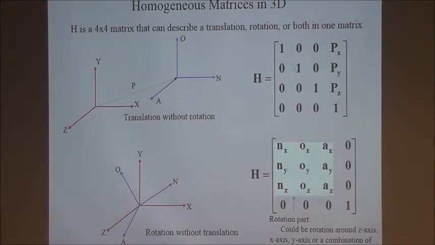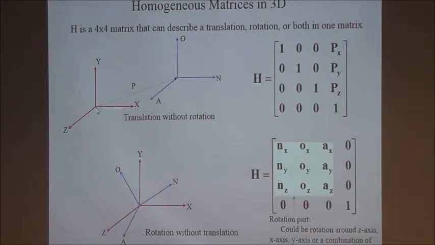So, look at the top part of this. You see that the rotation matrix is 1, 1, 1. It's an identity matrix. But you have px, py, pz. That means I'm not changing anything. X remains in the same direction as before. When it moves, z the same way, and y the same way.